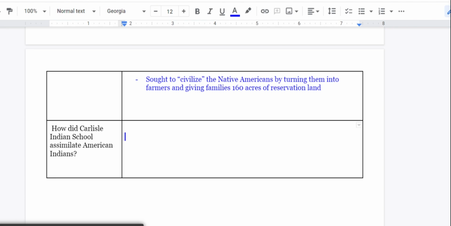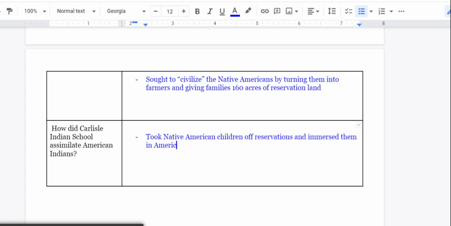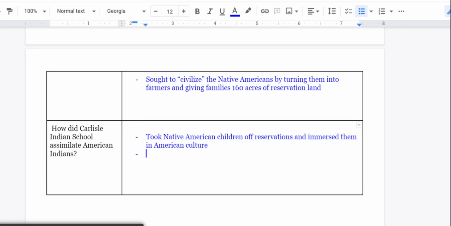And so how did they do that? Well, they took Native American children off reservations and immersed them in American culture. They were taught different skills.